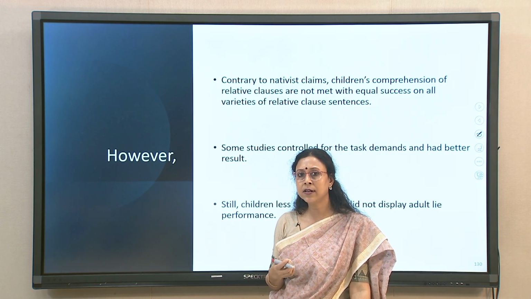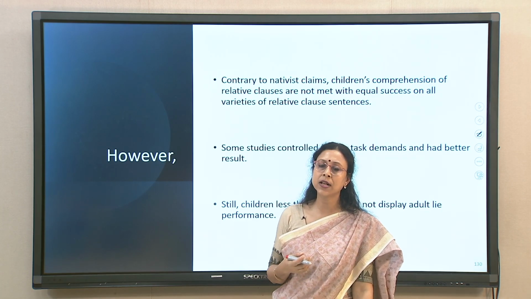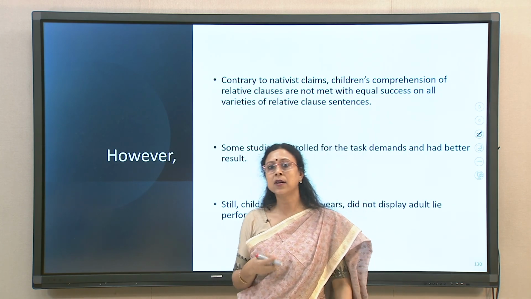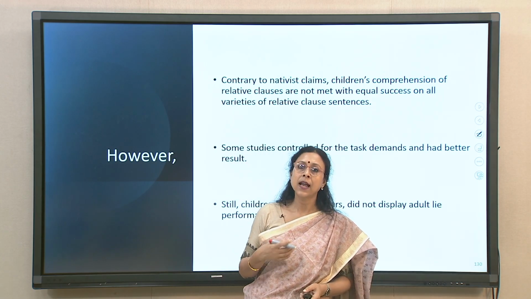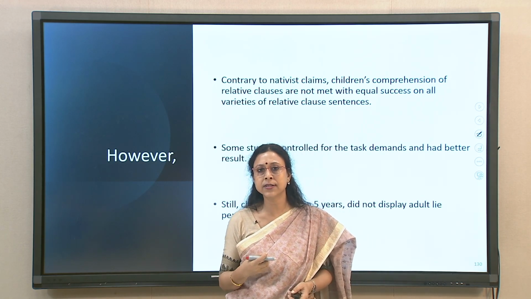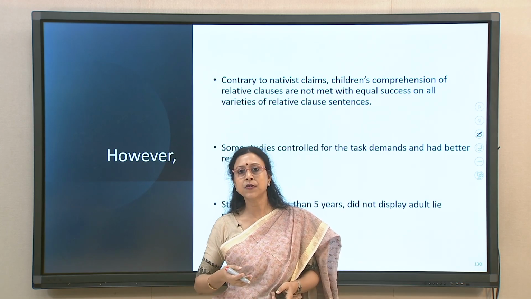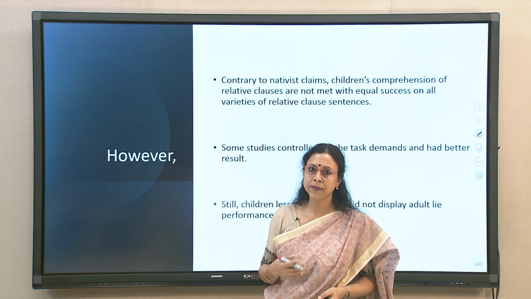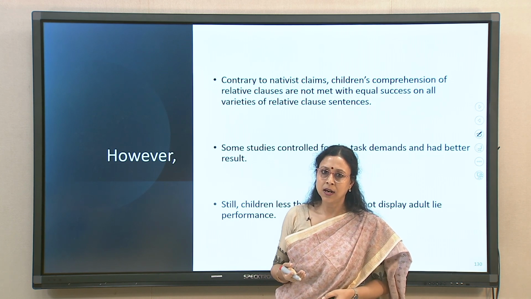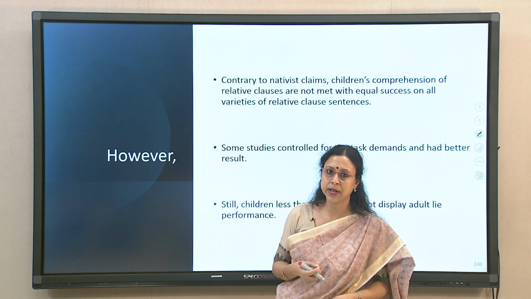So, children not having adequate comprehension of relative clauses may not be because of the relative clauses, but because of the kind of task within which this was embedded. That was controlled by many follow up studies, and then they found some better results with respect to comprehension.